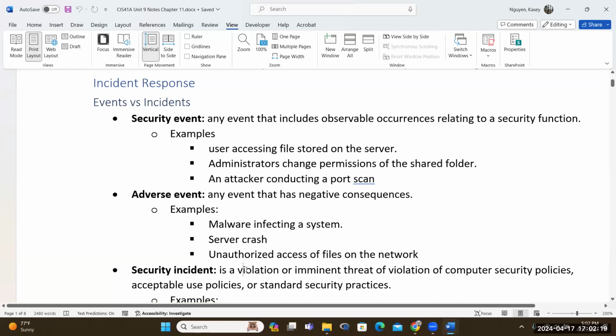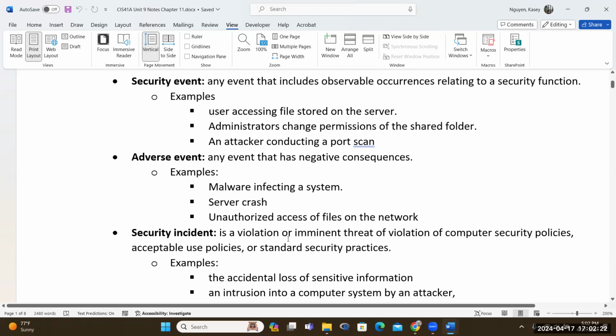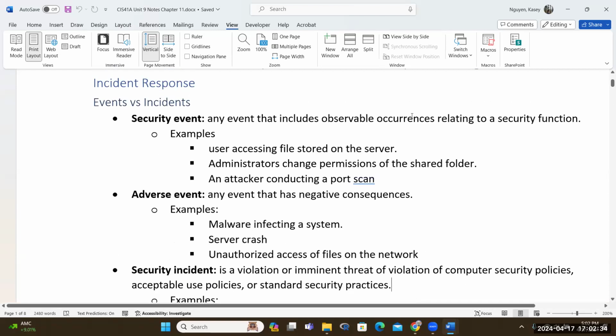For example, if someone is breaching your network, that's an incident. If someone is doing a data leak, that's an incident. If malware is downloaded via a phishing channel, that's an incident. But a security event is just occurrences that pertain to security. That could be related, positively or negatively, with a security function.